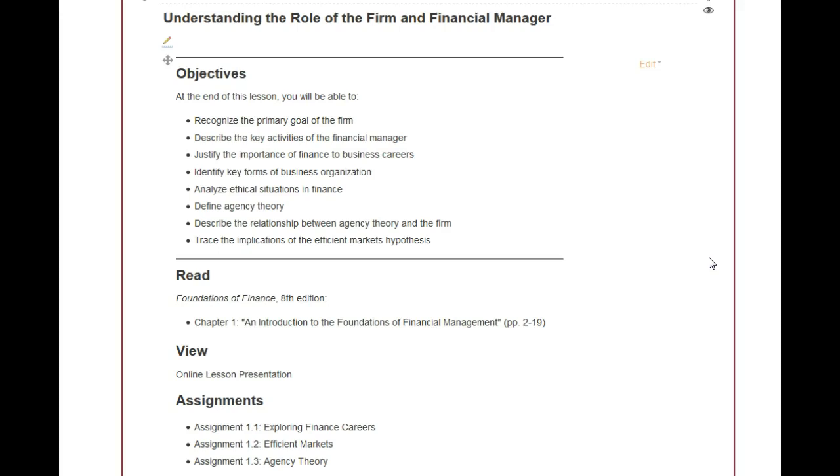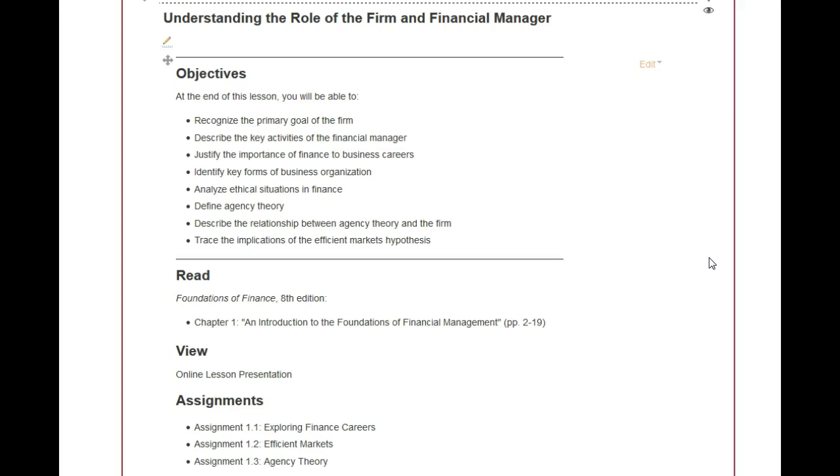Anybody who has a knowledge of finance is very useful to a business. So the more you can find out about finance and the effects of the decisions you make in a financial state of mind, the more important it is to a company. So studying finance is really important for your success in business.